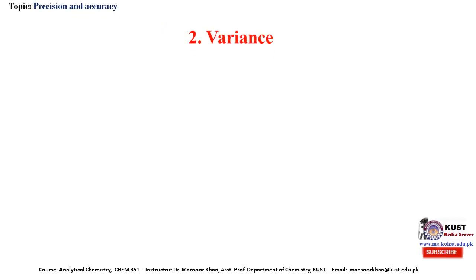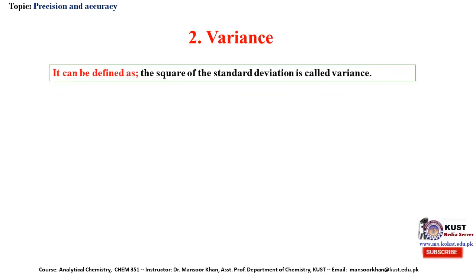The second parameter which is used for measurement of precision or measurement of spread is variance. It is very important. It can be defined as the square of the standard deviation. When you calculate the standard deviation and take its square, it is called variance. What is standard deviation? We will discuss it in the coming slides.